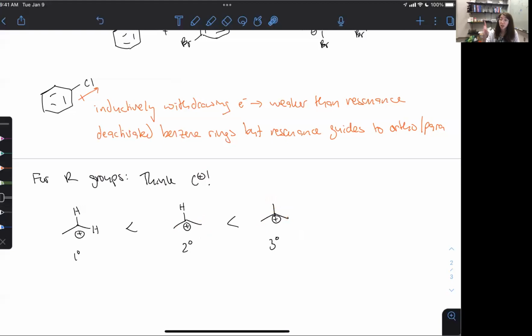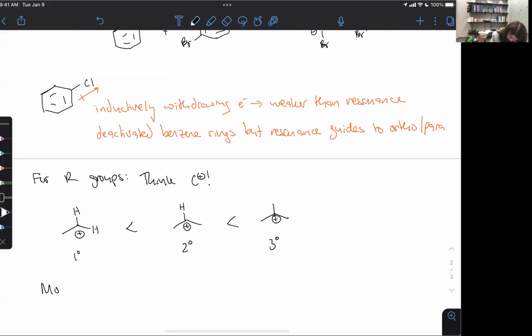It's actually going to be the CH bonds or CC bonds nearby that serve to push electron density towards that positive charge. Adding more substitution on it is going to stabilize it. Same thing on the benzene. It's going to do the same type of donation process.